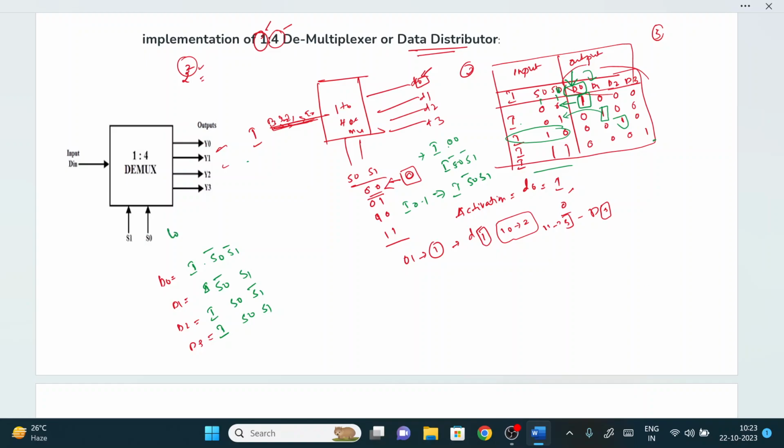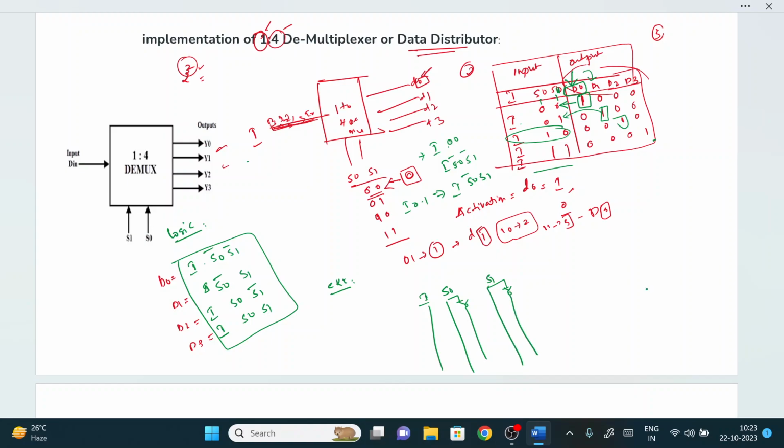Once the logic expressions are completed, the next step is to draw the circuit diagram. How many input variables do we have? I, S0 and S1. We also have the complement values of S0 and S1, S0 bar and S1 bar.